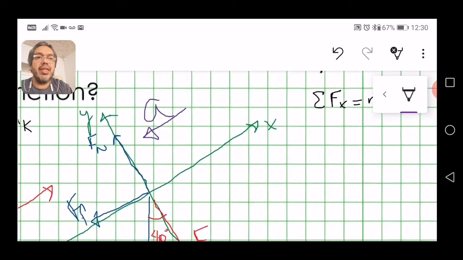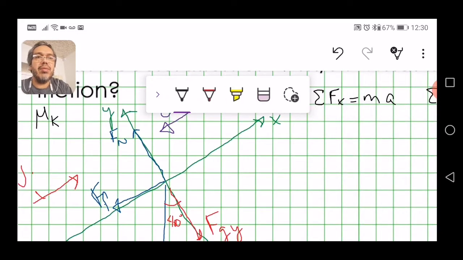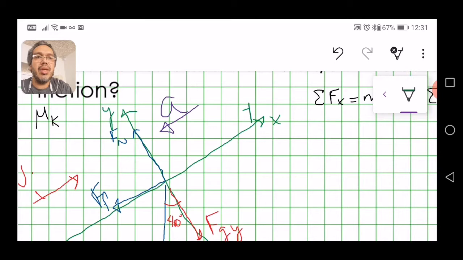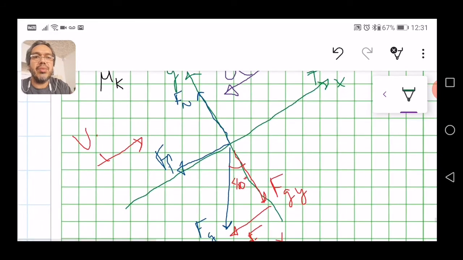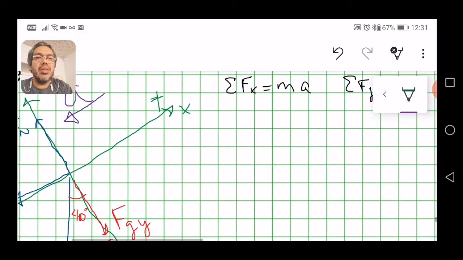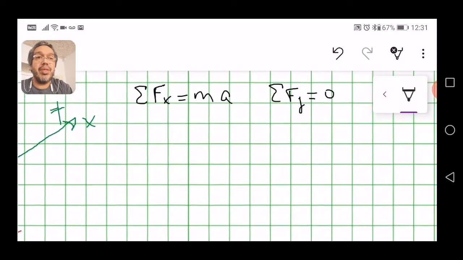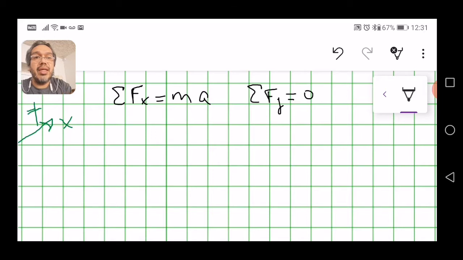Now you have taken that positive for this problem is in the up the plane direction, negative down the plane, and so the two forces that are in the x direction are both negative. So when you separate this, what you have is that the negative of the x component of the weight minus the friction force is equal to mass times acceleration.